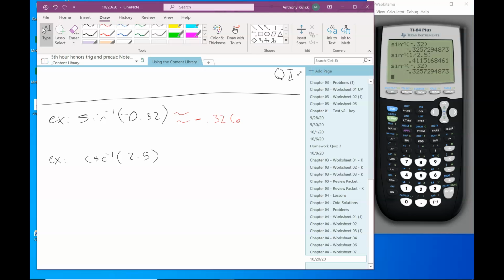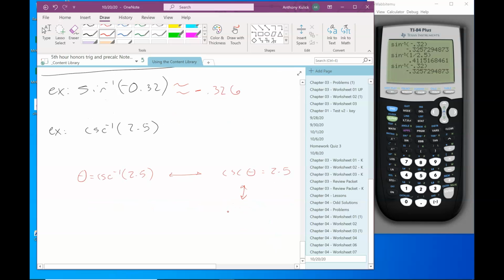Which trig function was it related to? It was related to sine. How is it related to sine? It was a reciprocal.